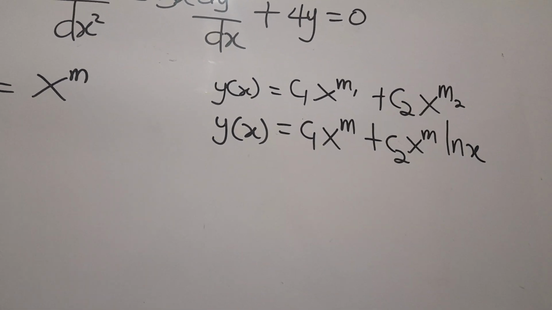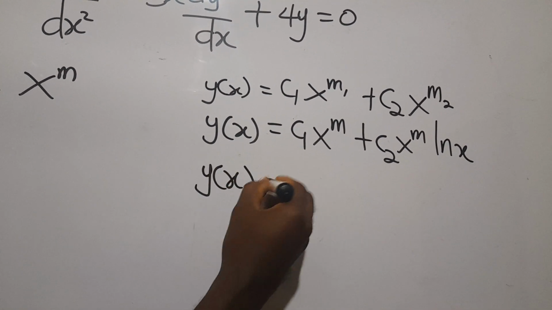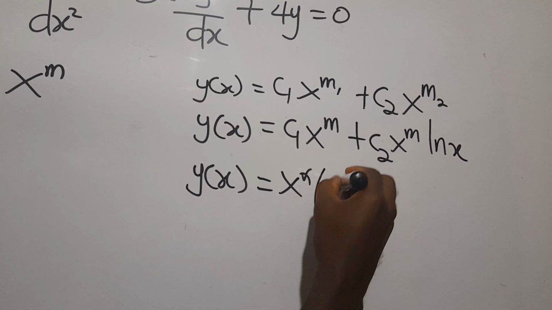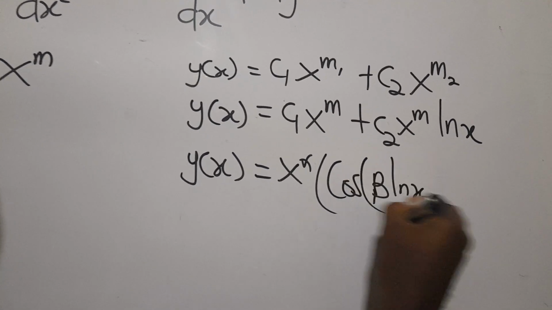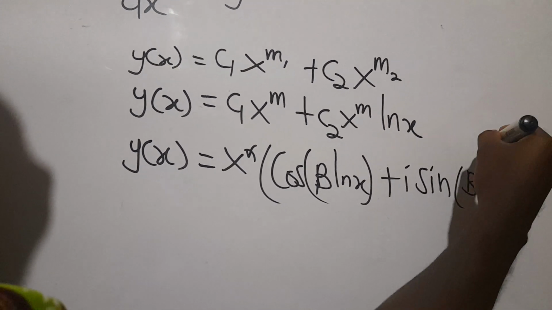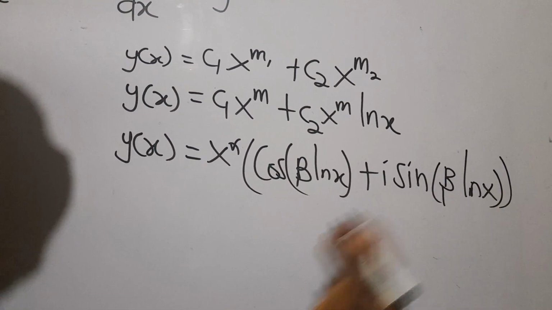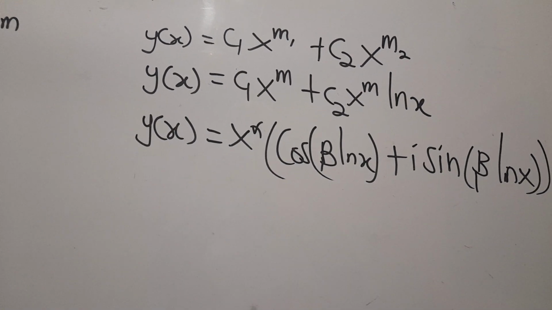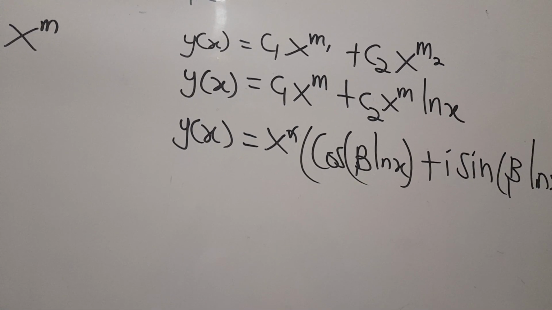When m is a complex root system, then our general solution y of x will be x^alpha times the bracket cos(beta ln x) plus i sin(beta ln x), where alpha is the real part of the complex root and beta is the coefficient of the imaginary part.